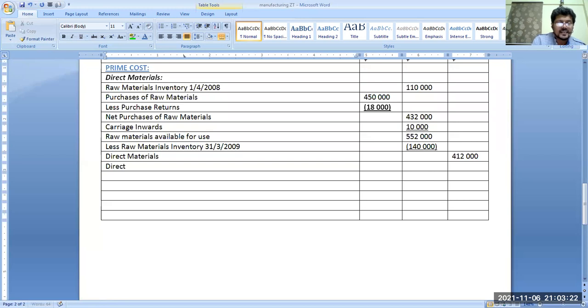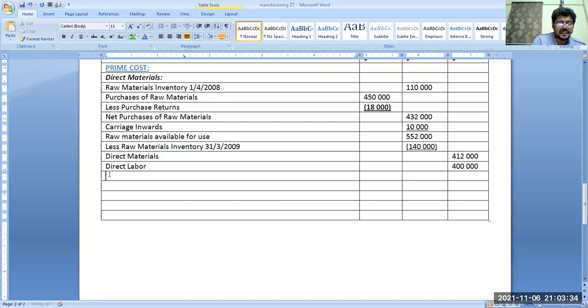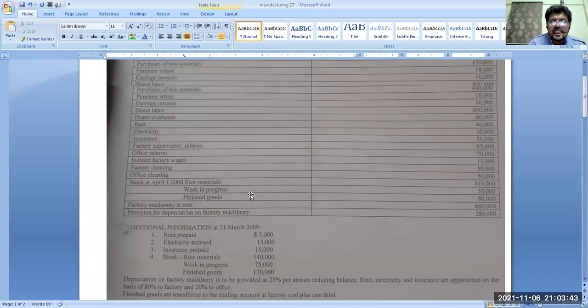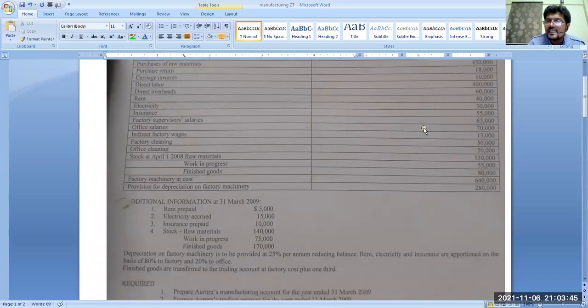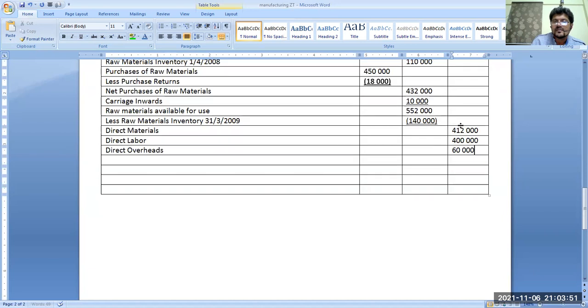Then direct overheads are given as 60,000, so we add it over here.